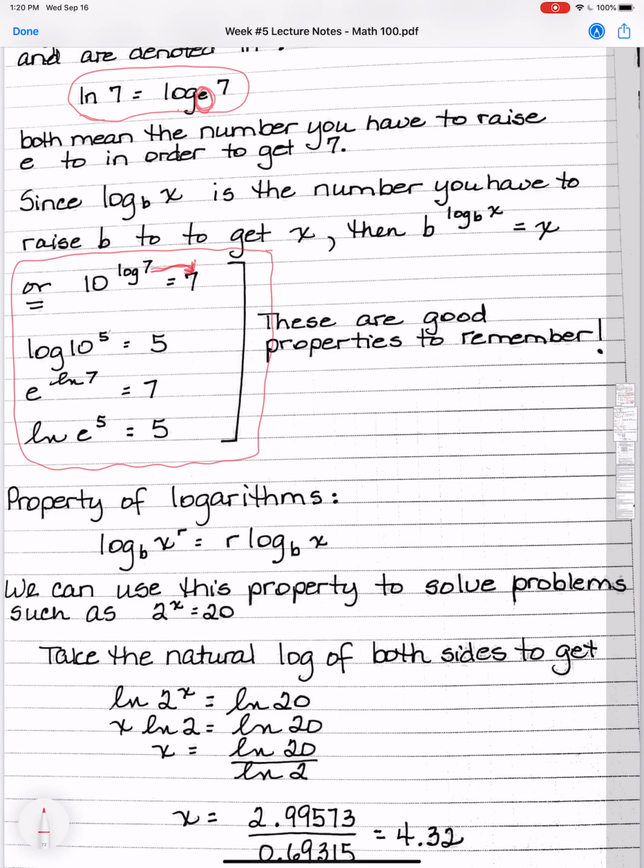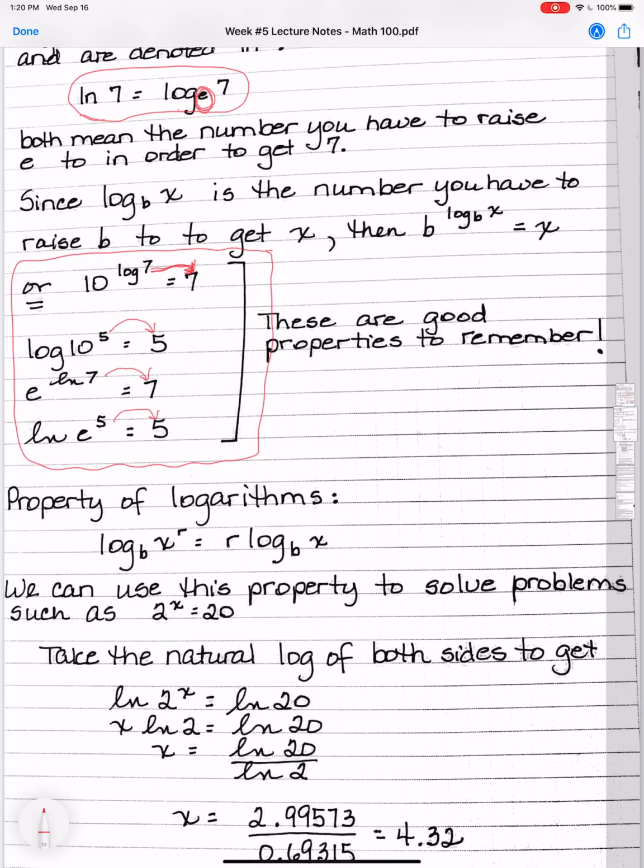The log 10 of 5, likewise, is just 5. E to the natural log of 7 is just 7. And the natural log of e to the 5th is just 5. So whenever you are raising those logs to a power, the results are pretty easy just to read off.